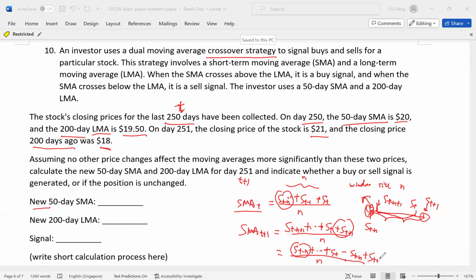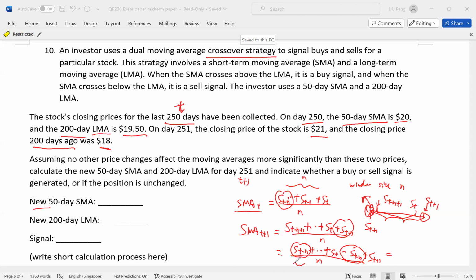So we add something and minus something. If they cancel each other, then they will be the same as the previous equation, which is the definition of SMA_{t+1}. This is a simple transformation, but it is a re-expression.